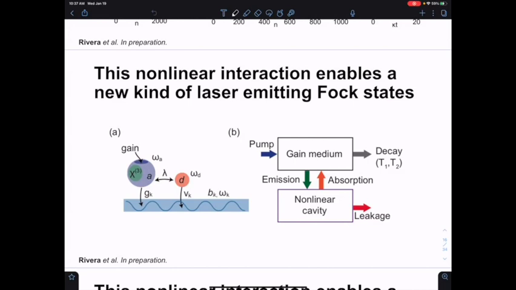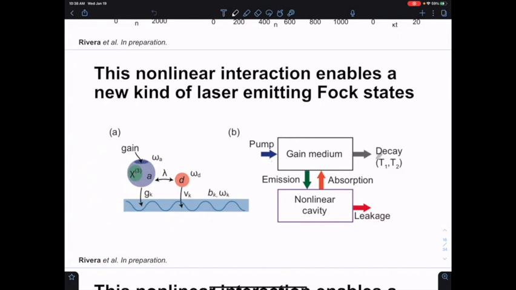Panel A is the spatial, or physical, representation of the system, but it's also important to think a little bit about where energy goes. This system is composed of a gain medium interacting with a nonlinear cavity through stimulated emission and absorption. The gain medium has energy coming into it and fluctuations from a pump.